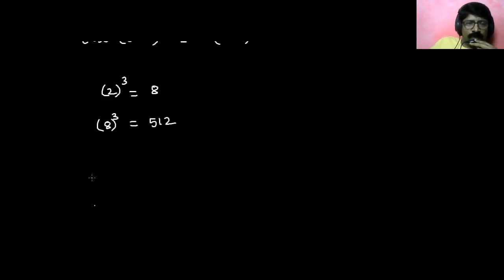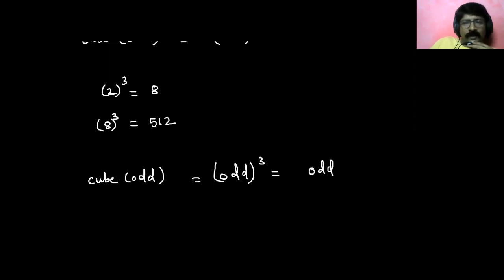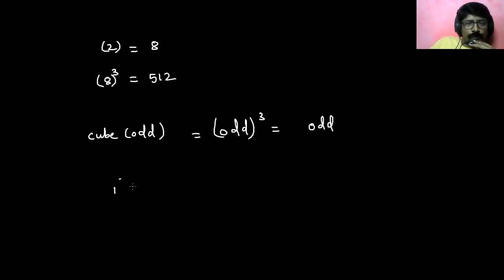Cube of odd numbers means if we write any odd base and we do the cube, it will always be odd. Like for example 1 cube, it's 1, isn't it? 11 cube, it is 1331, isn't it? Odd numbers. So the cube of even is even, cube of odd is always odd.